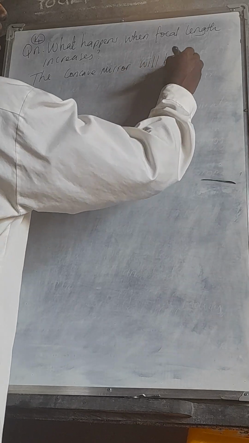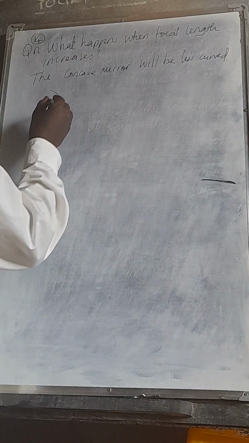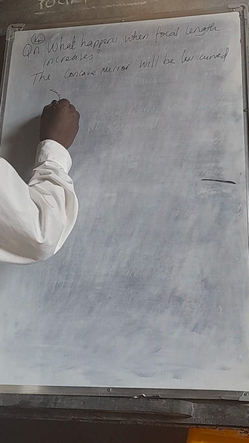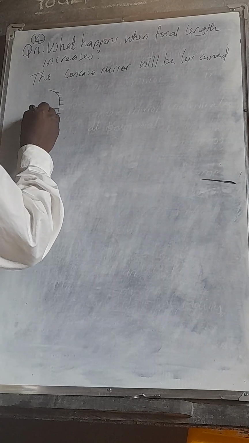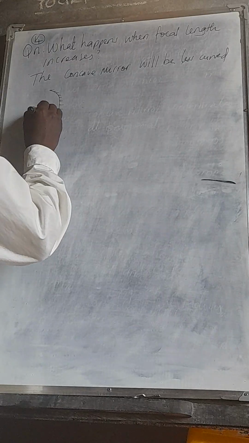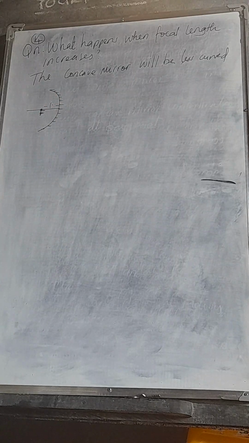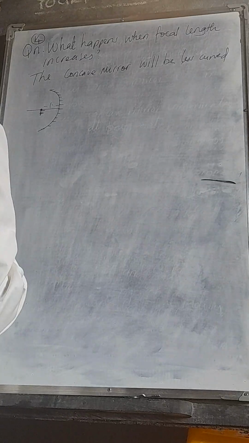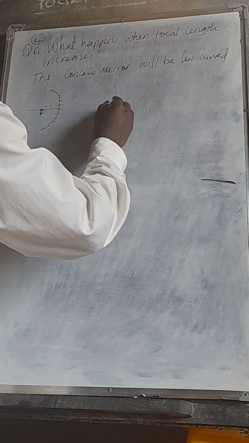So in order to have a good curved concave mirror, the focal length should be small. So if the focal length becomes very, very large, the concave mirror will be less curved.